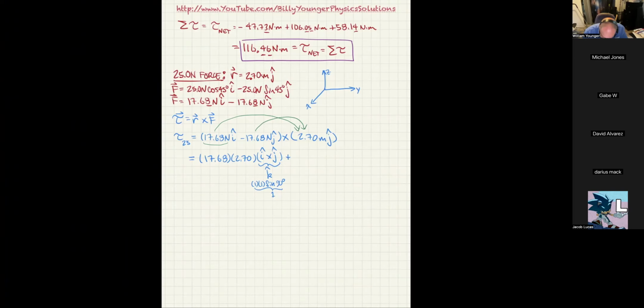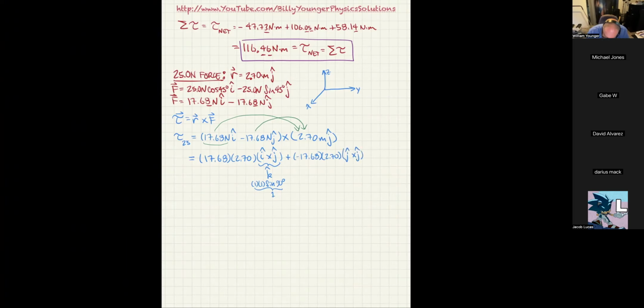Now I'm going to pull out the scalar from the left vector, which is negative 17.68. And I'm going to pull out the scalar from the right vector, which is 2.70. Notice I am dropping the units still. And now I have to have the actual vectors operate, and the left one is a j hat, and the right one is a j hat.